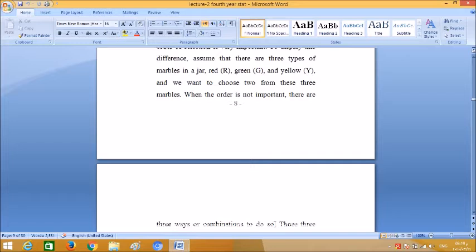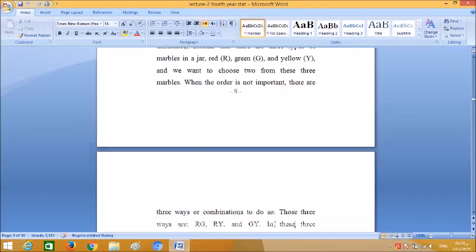So if you want to get the number of groups or number of combinations, the order is not important here. Okay? Those three combinations are: R and G, R and Y, G and Y.